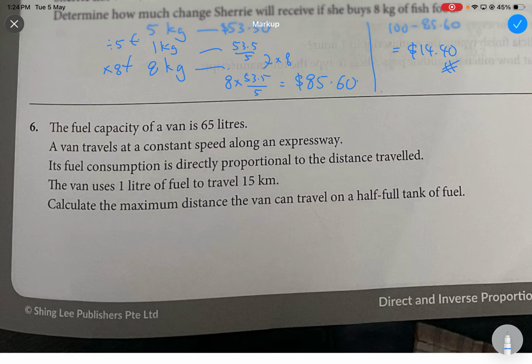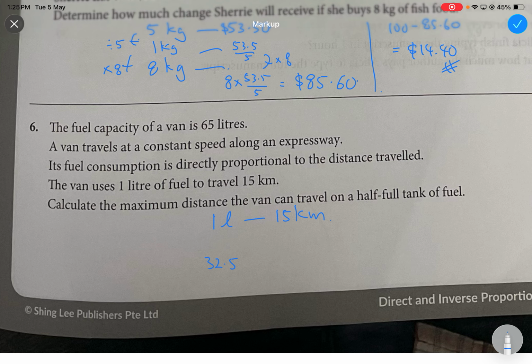Again, same, they tell you a big string of story, but what they want you to extract from all this story is 1 liter of fuel, 15 kilometers. Maximum distance the van can travel, half full tank. Full tank is 65, so half a full tank is 32.5.